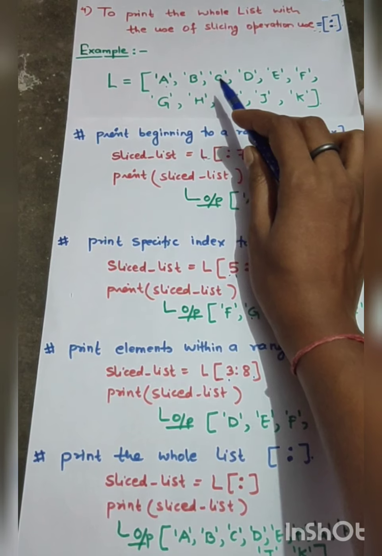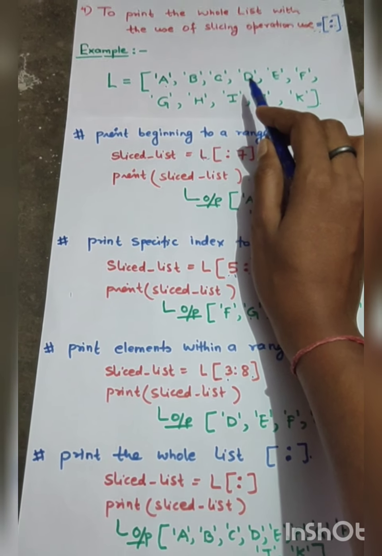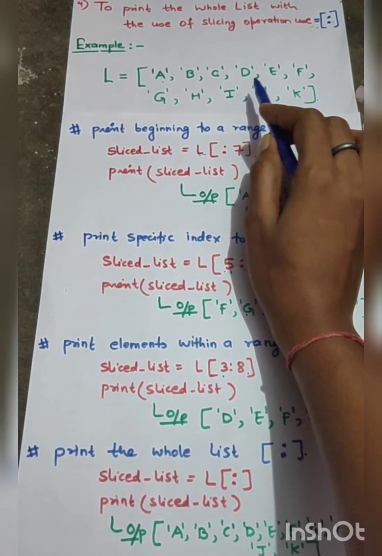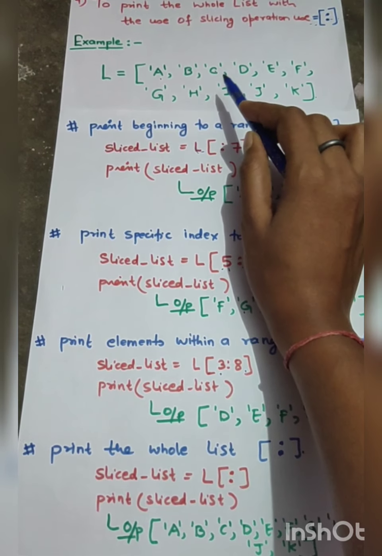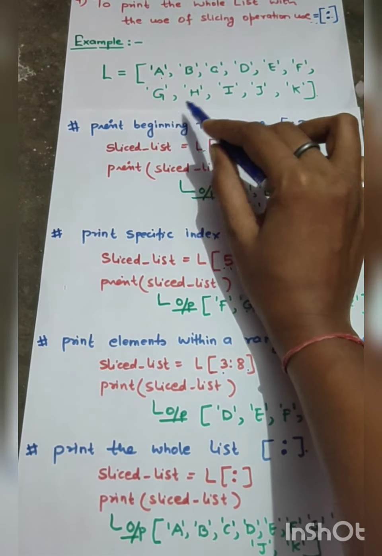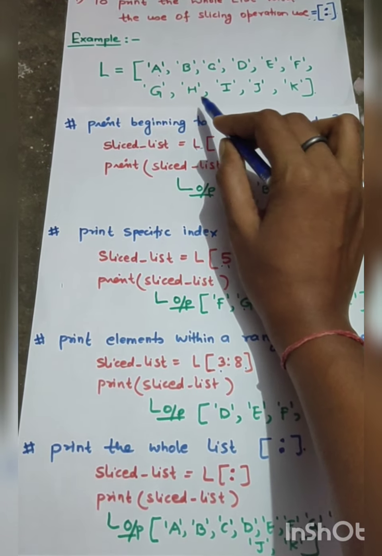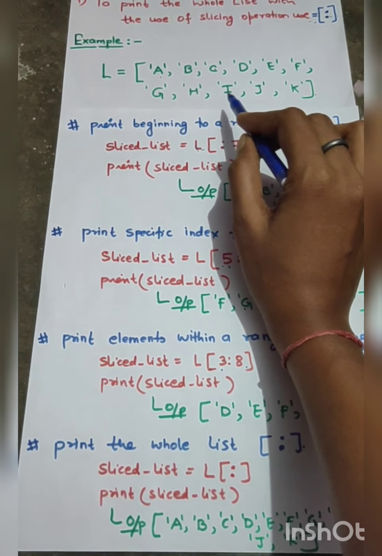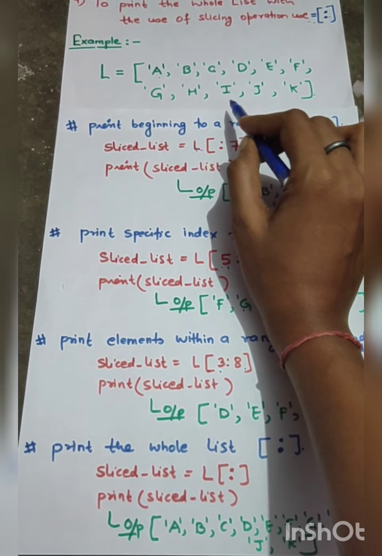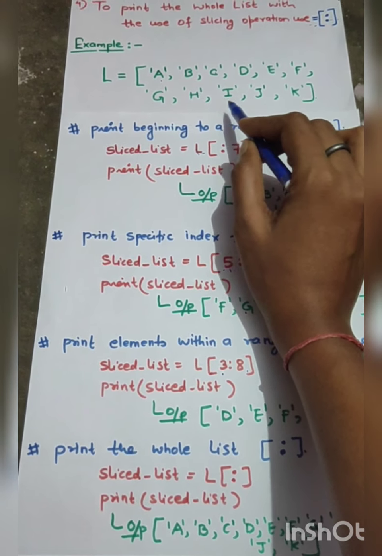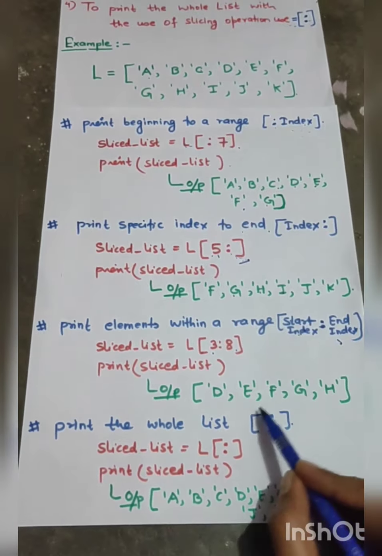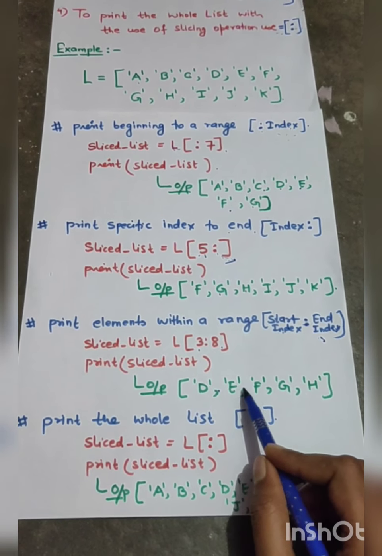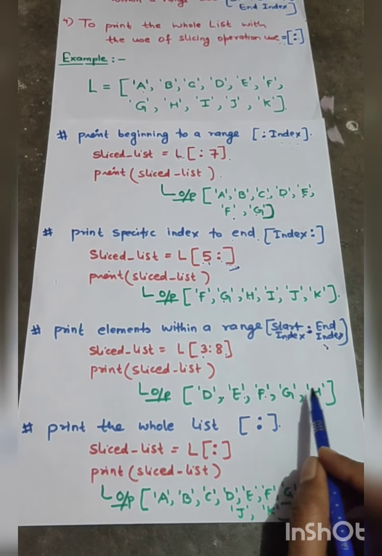You want to print the elements from D, 3, to 8, I, but it will go up to H only. In a slicing operation, if you want to print up to an end index, it will go to end minus 1. So the output is D, E, F, G, H.